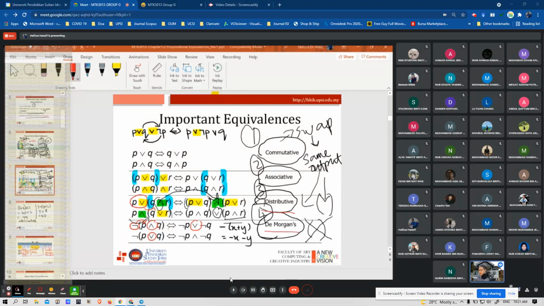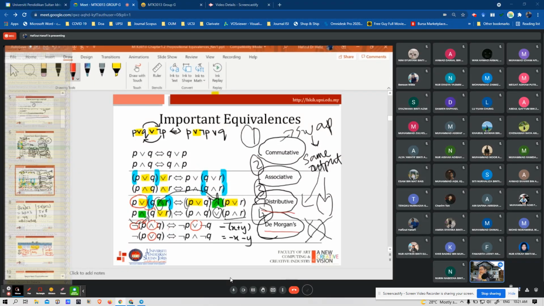De Morgan law is the theorem that the complement of the product of all terms is equal to the sum of the complement of each term. Okay, bila kamu buka, for example, minus (x plus y), when you open up the bracket, you want to eliminate, negative x, then negative y. The output must be same.